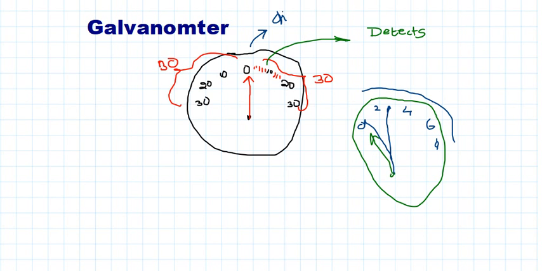If I get more deflection, then I can say the current will be more, but I cannot tell the magnitude of that current. If the deflection is very less, then I can say the current is low, but I can't tell the magnitude of that very low current. This is how we can understand the galvanometer.